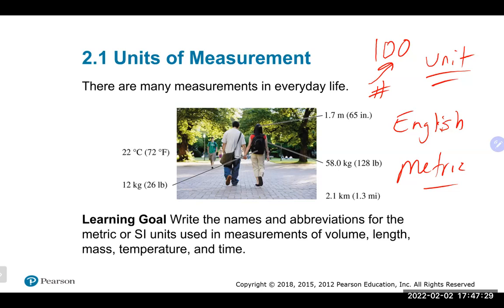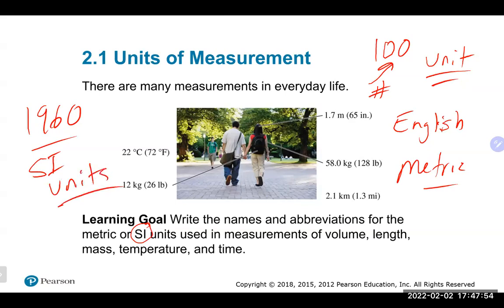So believe it or not, in 1960, they had a big conference on weights and measures. Sounds really exciting. And basically what they did is they came up with a standardized system of units. And in chemistry, we oftentimes refer to this as the SI unit. The SI unit stands for the International System of Units, basically.